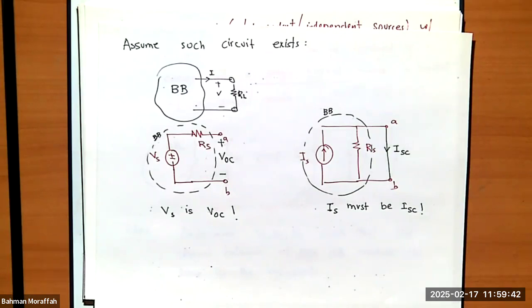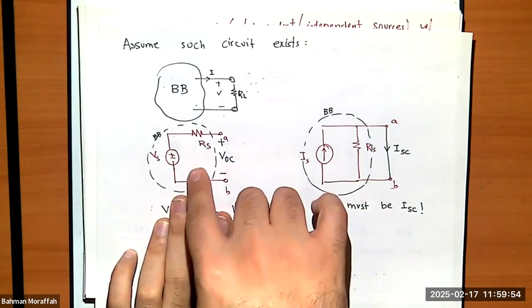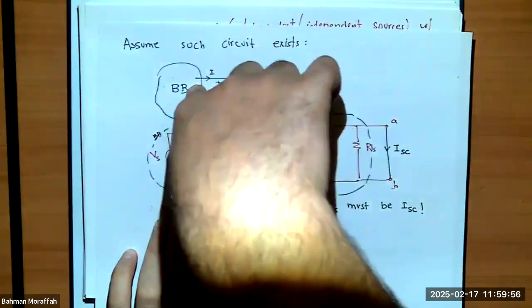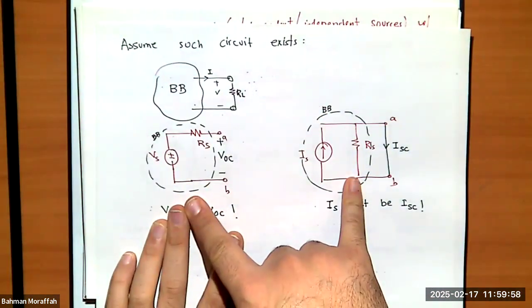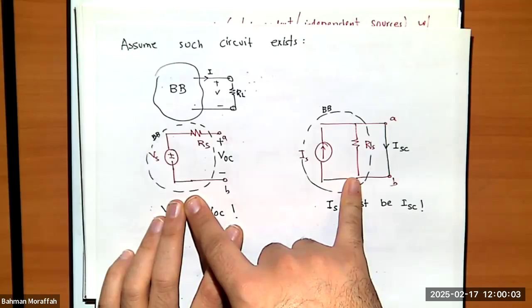Right? I still haven't told you how I can find Rs. One way of doing it is very simple, right? I know this circuit, and I know this circuit. Not only are these circuits equivalent to this black box, but they're equivalent to each other, because they're representing the exact same circuit, right?